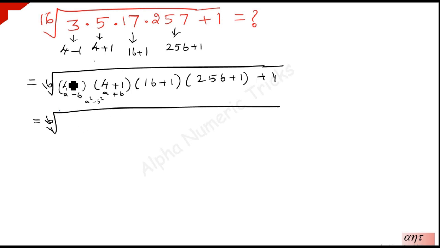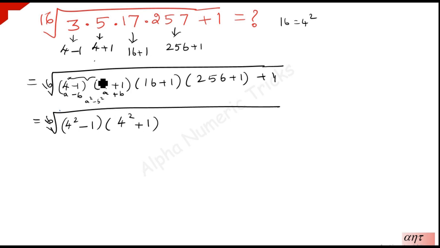We take a equal to 4, so write 4 squared, minus b squared, b is 1 squared. 4 squared minus 1 times, here how will you write this 16? 16 can be written as 4 squared, isn't it? So you can write this as 4 squared plus 1.